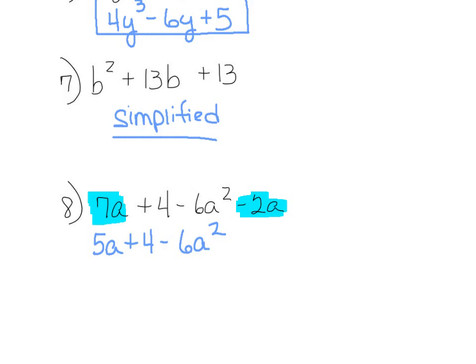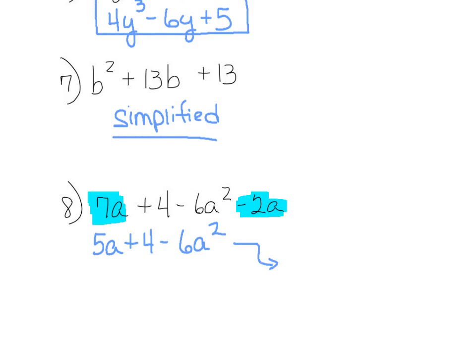Number 8, we do have like terms, 7a and negative 2a. Those can be combined. 7a and negative 2a combined to 5a. And I brought down plus 4 minus 6a squared. And remember, we are going to rewrite this so that it's in the correct form.